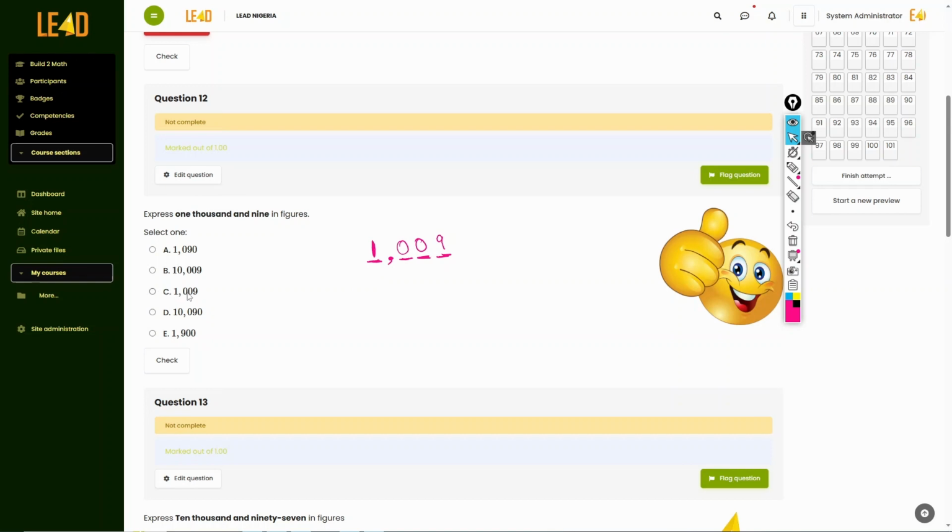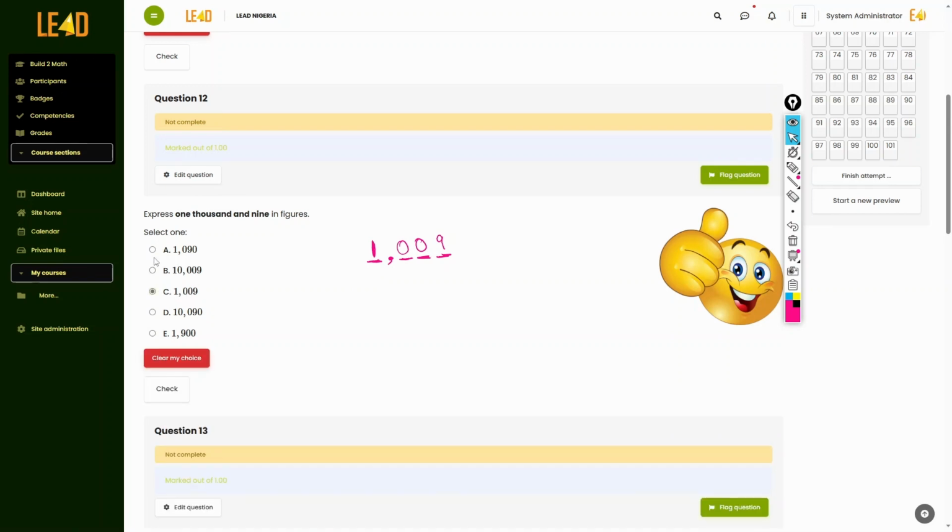So A is saying 1,090. That's what A is saying over here, because 9 is in the tens place, so it's not 1,009. B is saying 10,009, because you can see we have 10 before the comma.